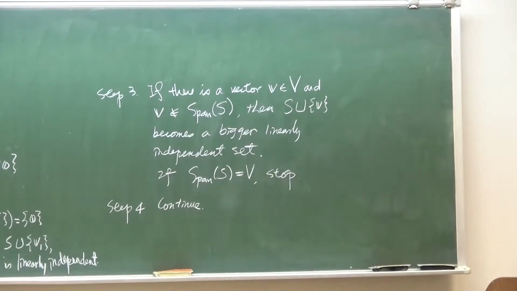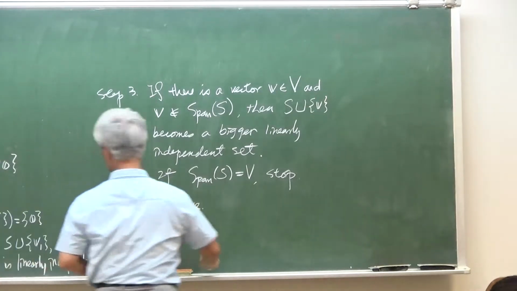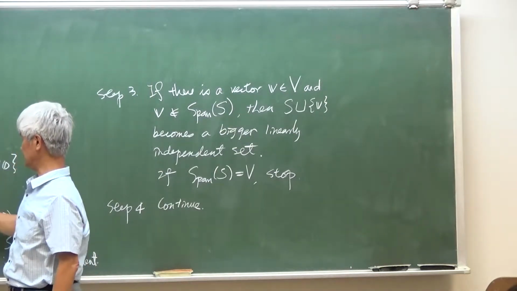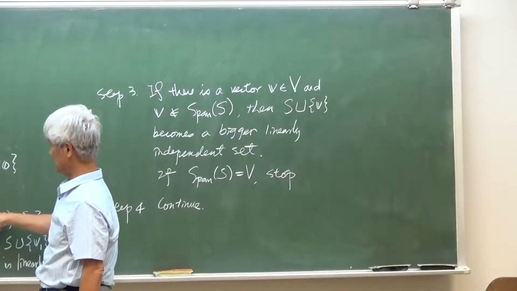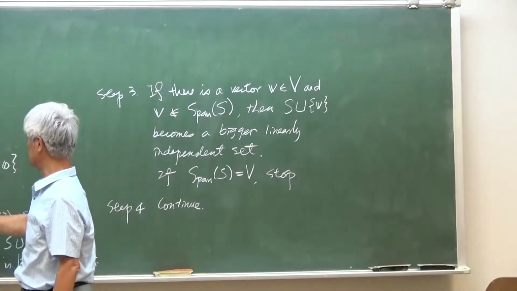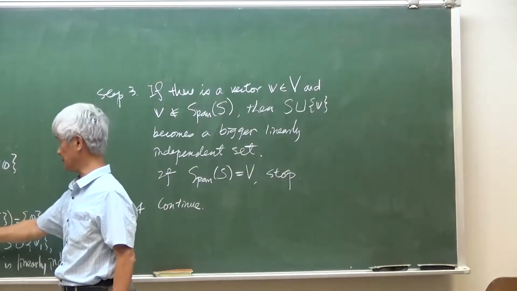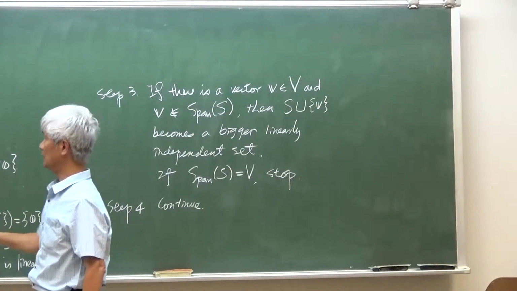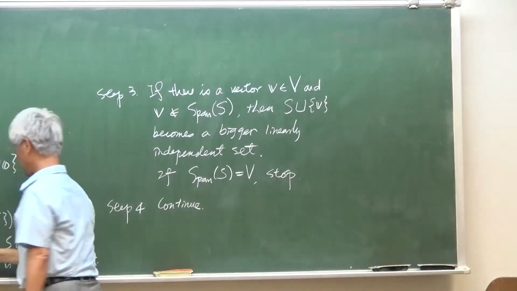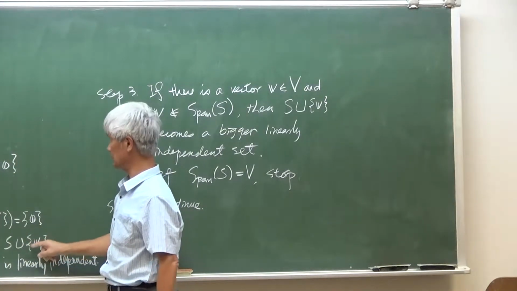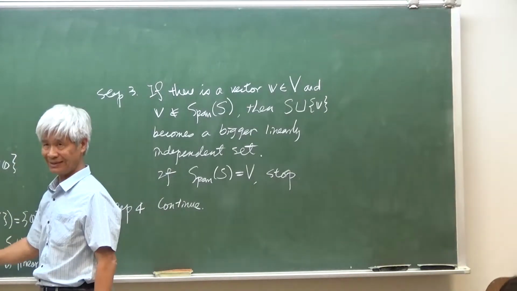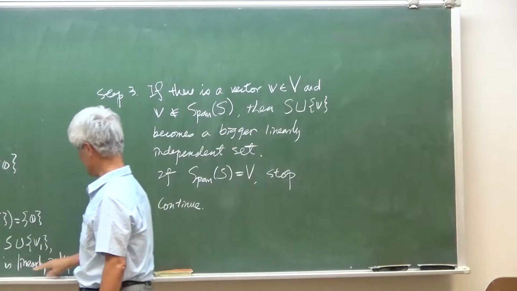So the procedure is, the second thing is that you pick an arbitrary non-zero vector, say v1. Then we know that v1 is not in this singleton, not in the span of S. So from the previous theorem, we can replace S by the union. So the current S is just again a singleton, and it is linearly independent.